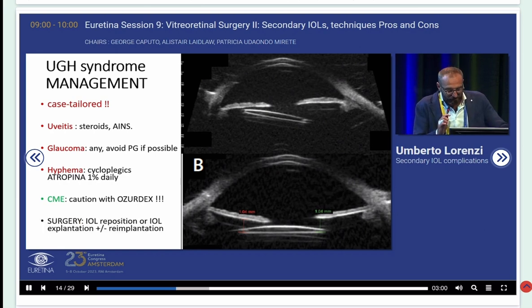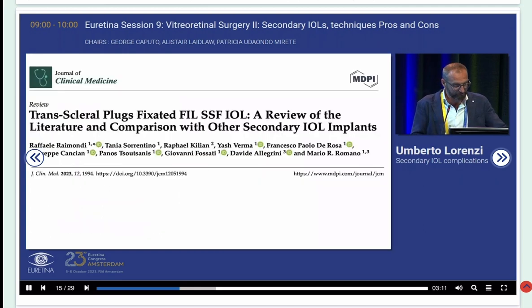In the case of no response to medical treatment, we have to go to surgery, try to reposition the IOL, or explantation with or without reimplantation.